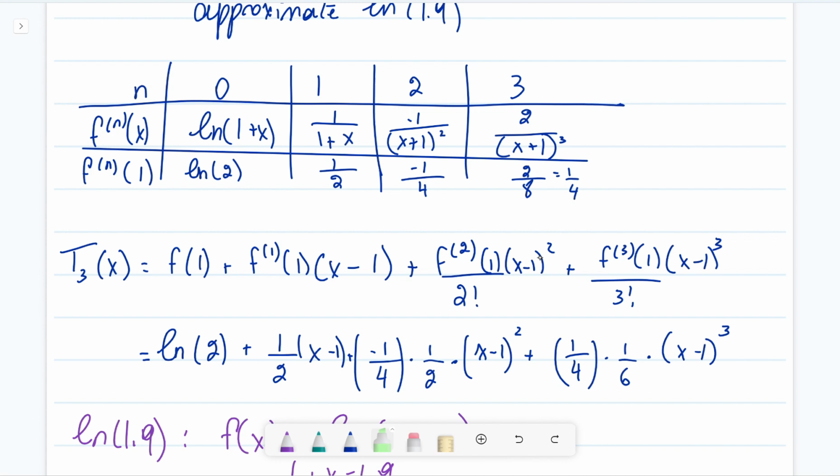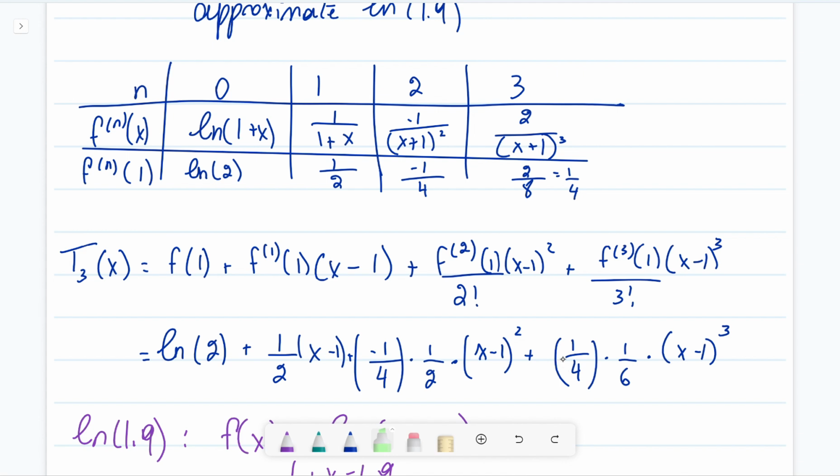And then the second derivative evaluated at 1 is a negative quarter. The reason why I multiplied by half is because here we divide by 2 factorial. And what is 2 factorial? It is 2 times 1. So 2 in the denominator. And then we multiply this by x minus 1 all squared.